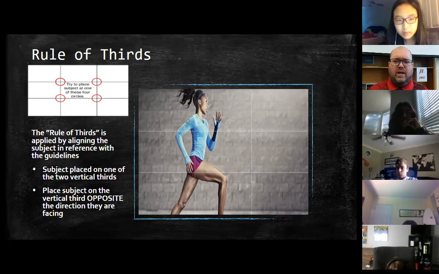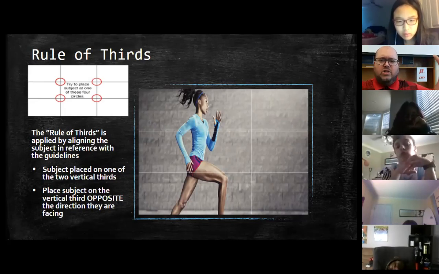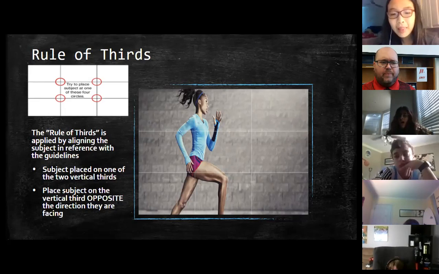So instead of trying to keep me in the center, which isn't possible, I'm going to put myself onto one of the two vertical thirds. And as a composition goes, it makes my photo look better. Do we all see this?